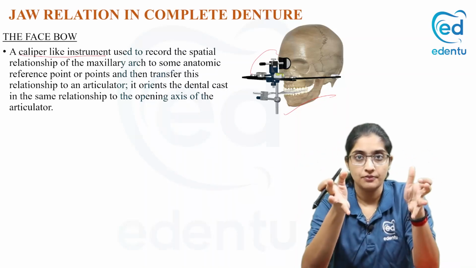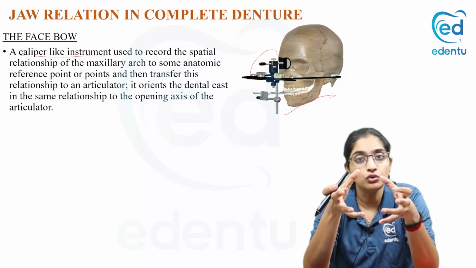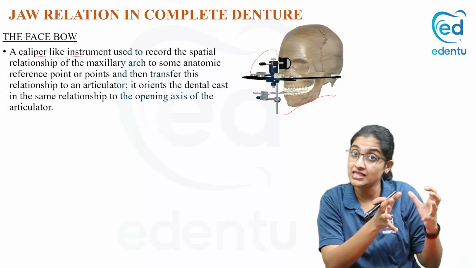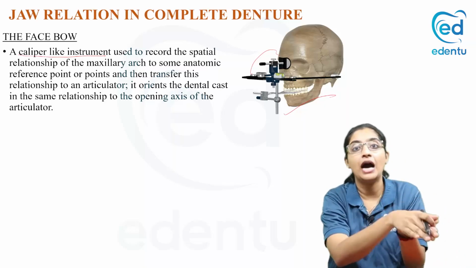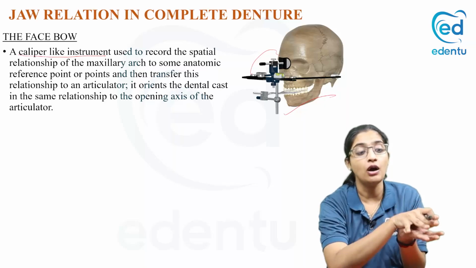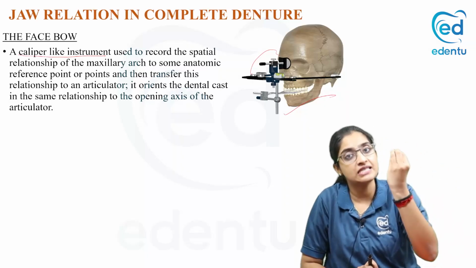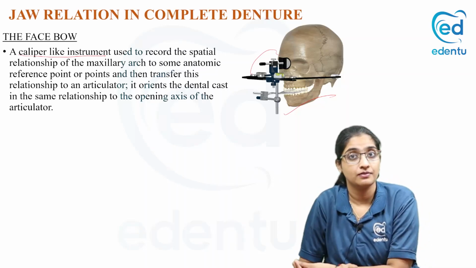You take points which will stabilize the position, then you remove it from the patient's mouth and put it into the articulator in the same position, and then you fix the position by articulating the cast. So now your maxillary cast is articulated in the same manner as it is inside the patient's mouth.